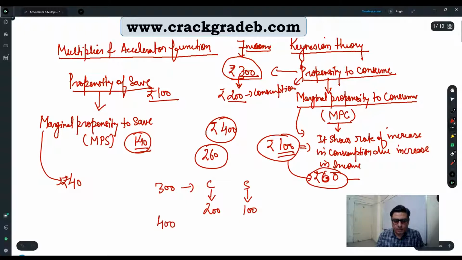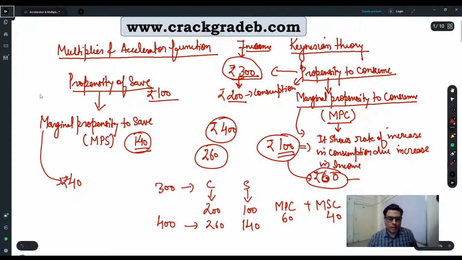Now income is 400 and this is 260 and this is 140. But if somebody asks what is marginal propensity to consume plus marginal propensity to save, it was 60 and it was 40, right?